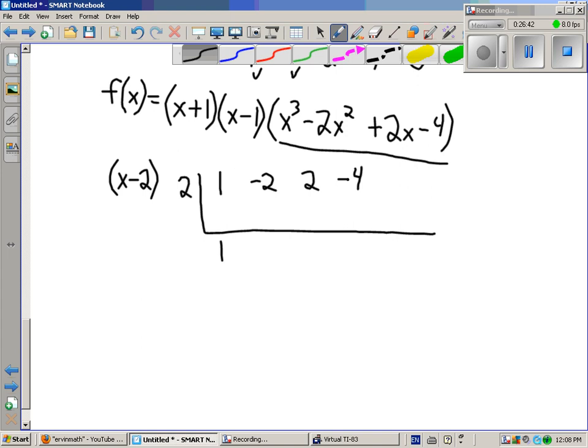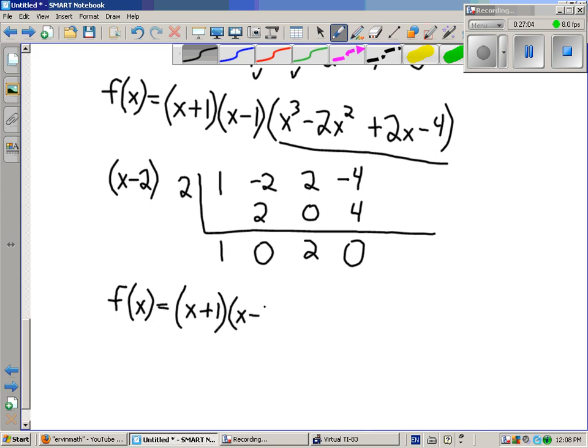Carry down the 1. Perform my synthetic division. And so now we are finally left with f of x is equal to x plus 1, our first byte, x minus 1, our second byte, x minus 2, our third byte, and finally we have 1x squared, 0x plus 2.